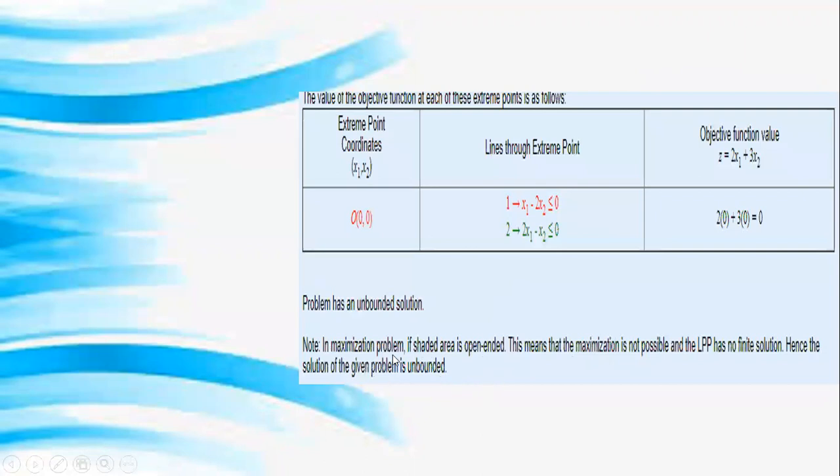In a maximization problem, if the shaded area is open-ended, that means the maximization is not possible and the LPP has no finite solution. Hence, the solution of the given problem is unbounded. Thank you.